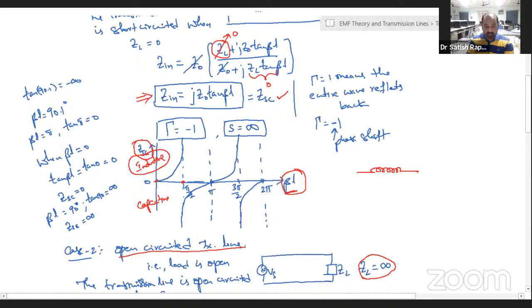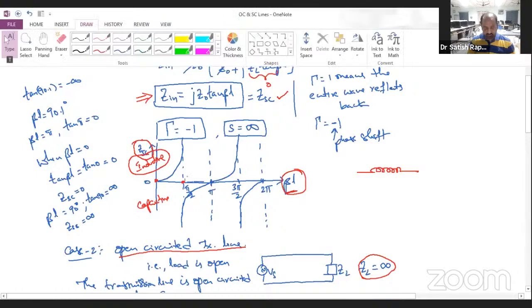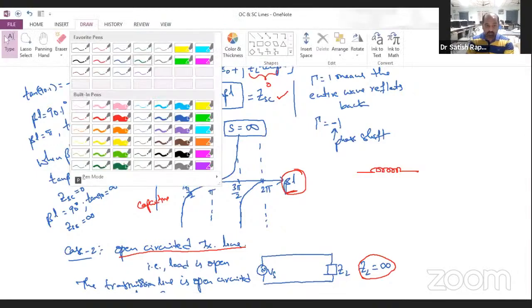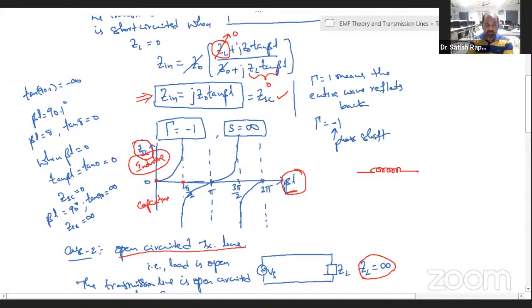From 0 to pi by 2, the input impedance is inductive, and in between pi by 2 and pi, the input impedance is capacitive. And this is for the short circuited transmission line.